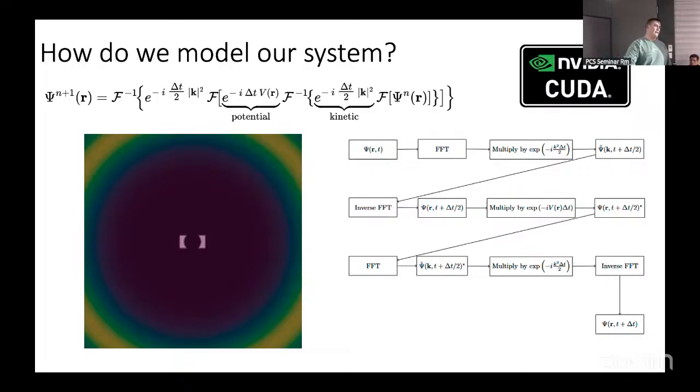Then you go back to your real space, coordinate space, then apply the evolution operator in coordinate space, and then you repeat your strategy again, and after that you will evolve your wave function. What asymptotics does the commutator have in delta t? Big O of delta t cubed.